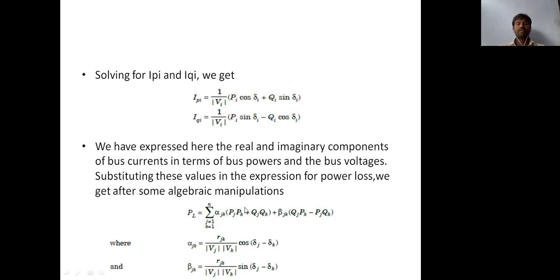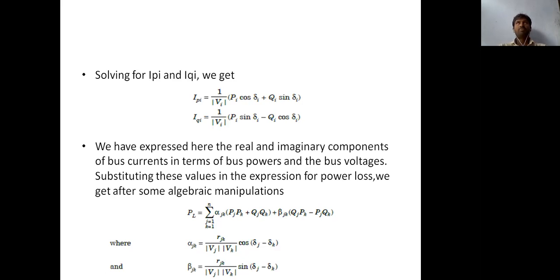Comparing with the general loss formula, alpha jk equals rjk by Vj Vk cos (delta j minus delta k). Similarly, beta jk equals rjk by modulus of Vk and modulus of Vj, sin (delta j minus delta k). This is the exact formula for losses of the transmission network.